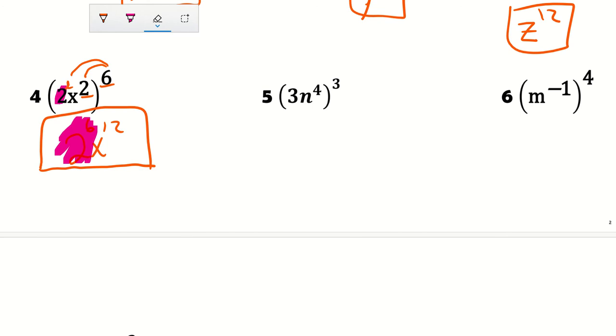I'm sorry, let me remove that one. Let me use a different color. We can simplify this expression right here. And remember, what does 2 raised to the 6th power mean?